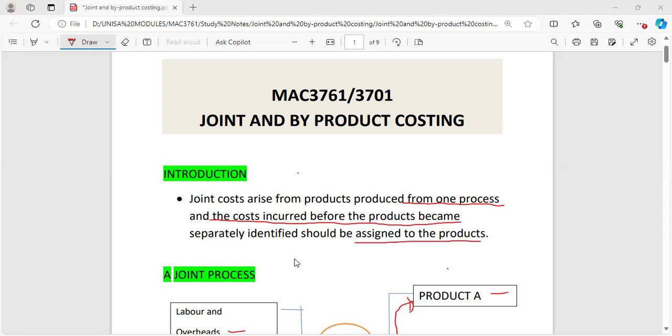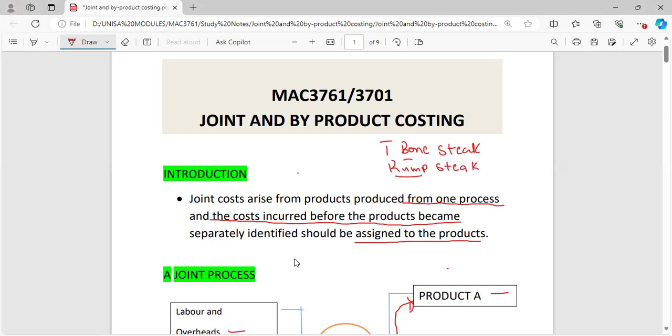So you will see that during the process, after the split off point, you will have the T-bone stick. Then you will have the rump stick. Those who know meat, I think they understand these types of, right.